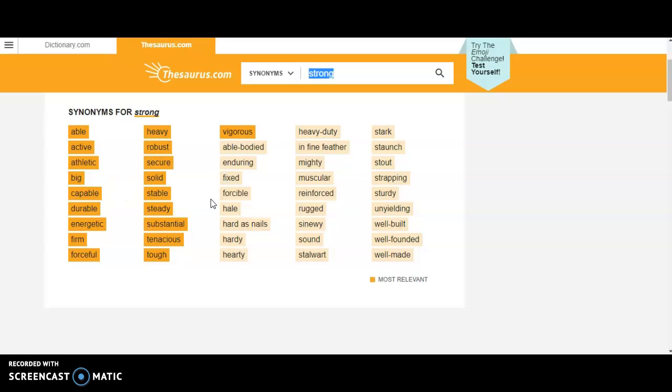Not all of them are good words, so be very careful. If you do use this website, the words which are most relevant are normally in orange. The lighter ones are not that precise, so they might have a little bit of a different meaning. So be careful which words to use.